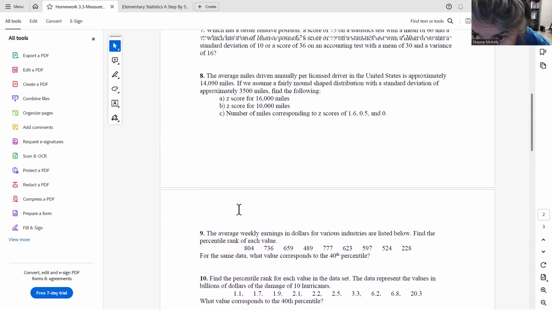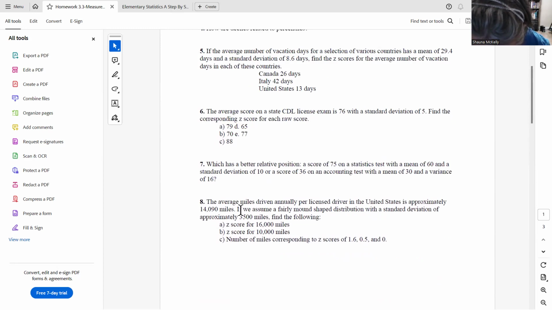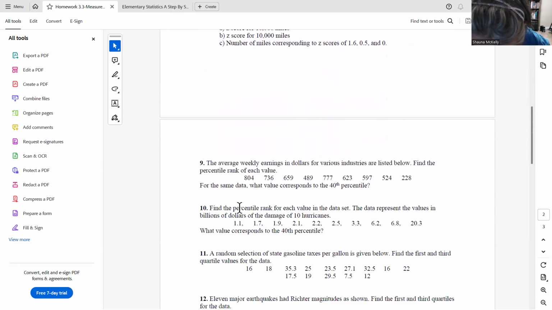I think it might be number 9. I did number 8 as well. But I also did one of the percentile rank problems, and I don't remember if it was 9 or 10. Okay. But they are there.